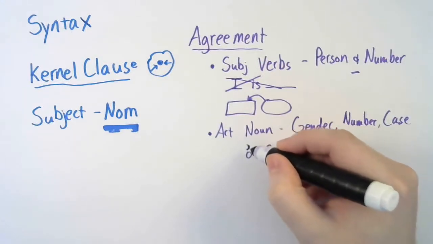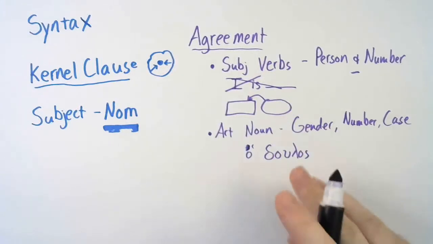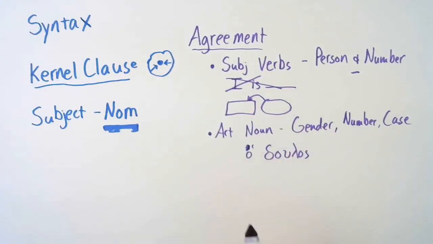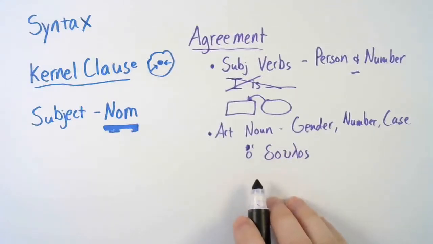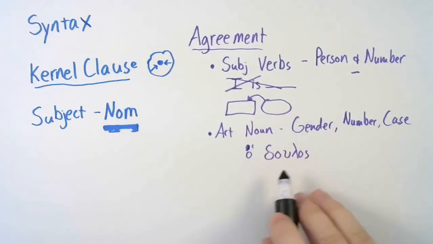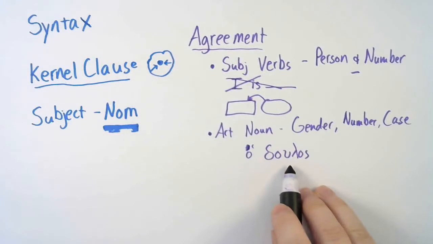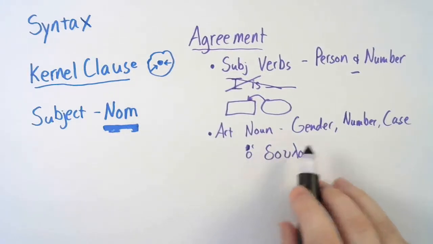Ho. There we go. I'll get the breathing mark right eventually. Ho doulos. The slave. And I know it's the slave. This article agrees with doulos because they have the same gender, number, and case.